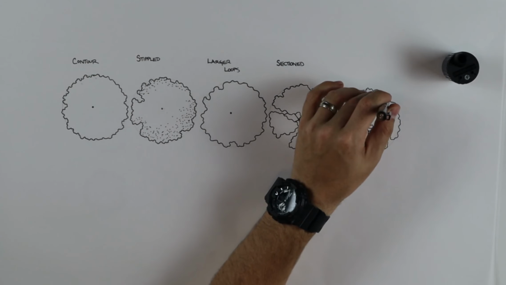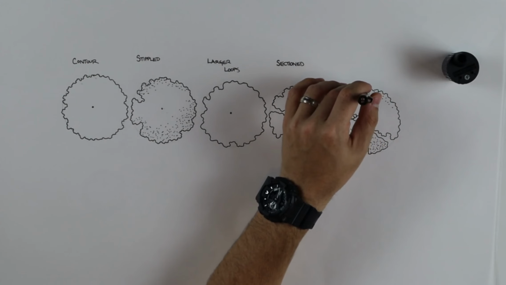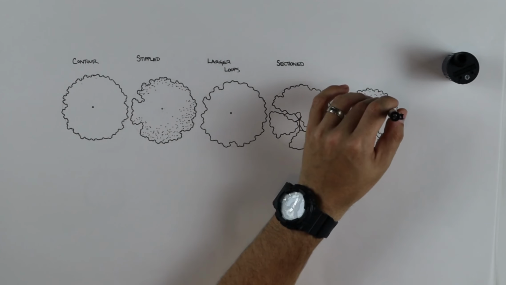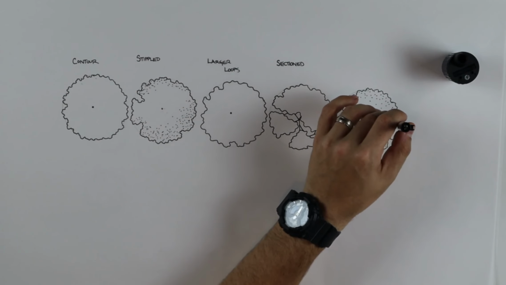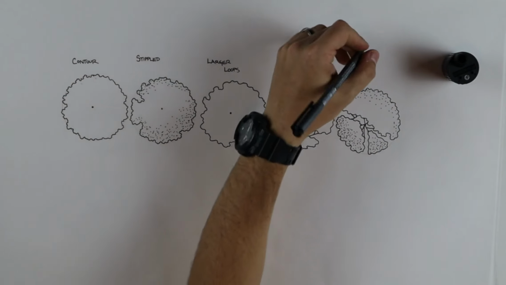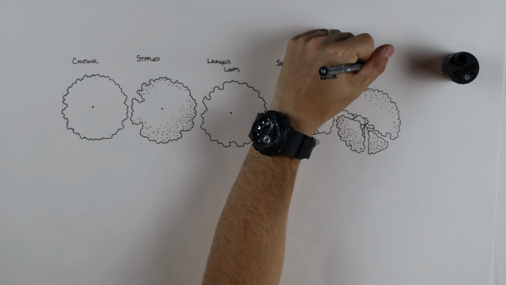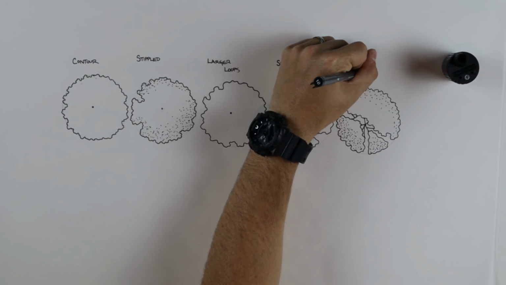Okay, and then we'll stipple the edge here as well. And now we'll label this a stippled section.